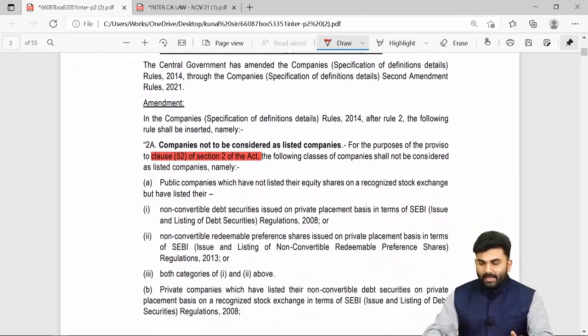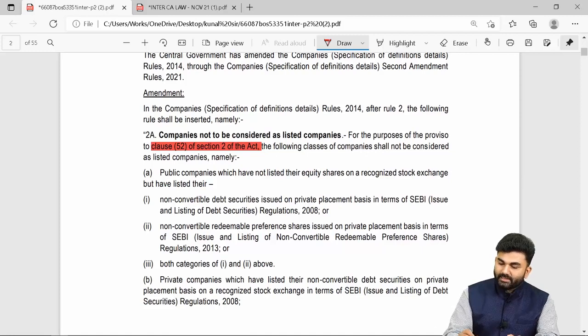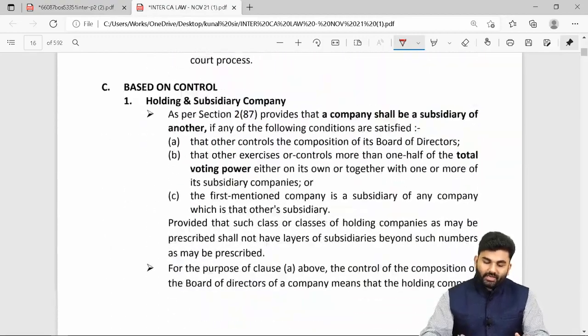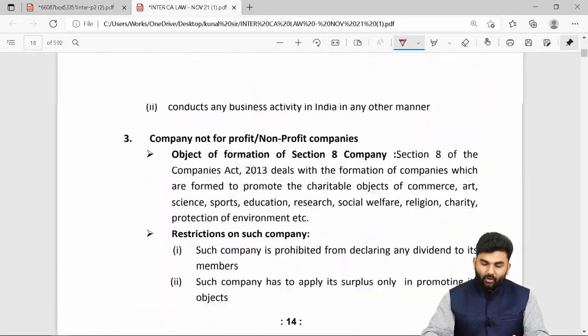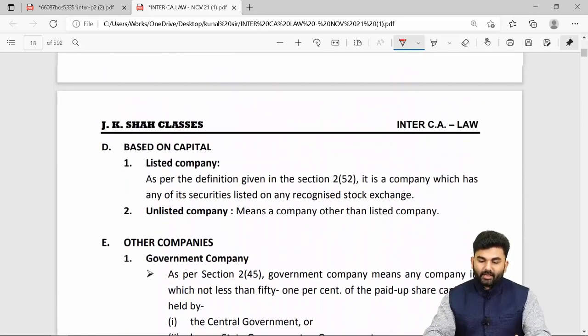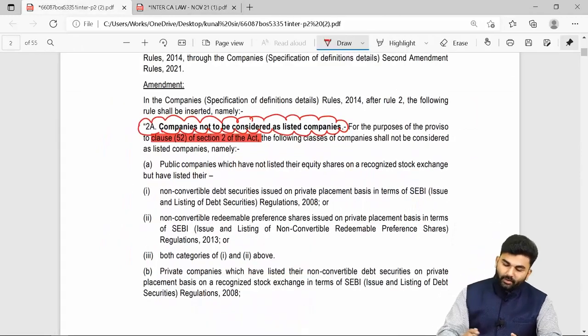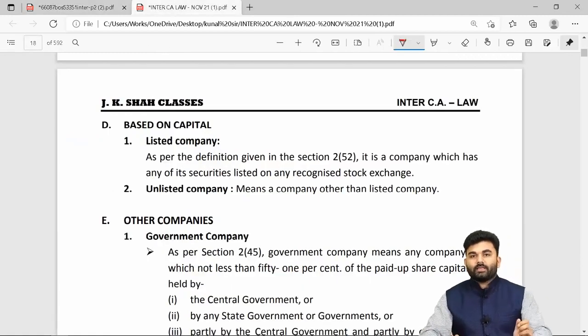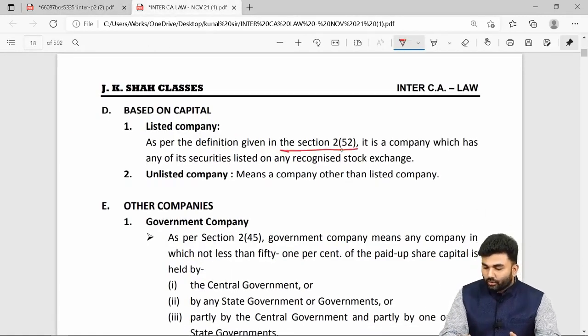Okay. The next amendment is towards the listed company. This is a newly inserted provision. If you come upon your JKS's textbook towards the concept of listed company, which is given on page number 14, see, what we used to understand is that a listed company is given under section 2 clause 52.